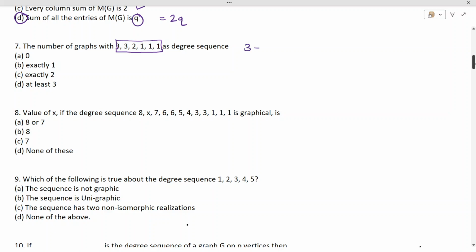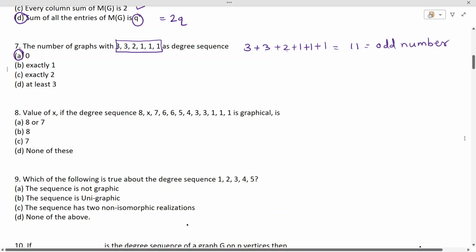So let us sum all the terms. 3 plus 3, 2 plus 1 plus 1 plus 1. The sum is 3 plus 3, 6, 8, 9, 10, 11, which is an odd number. So we cannot draw a graph with the given sequence. That means there exist zero graphs with the given degree sequence.